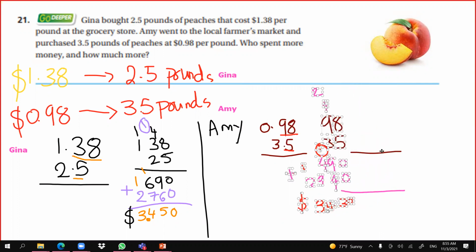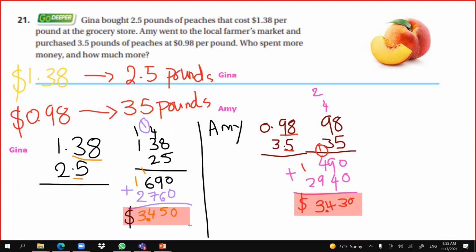Here, as you see, we multiplied them together, and we found that Amy spent 3.430 and Gina spent 3.450. I ask you now, who spent more money?